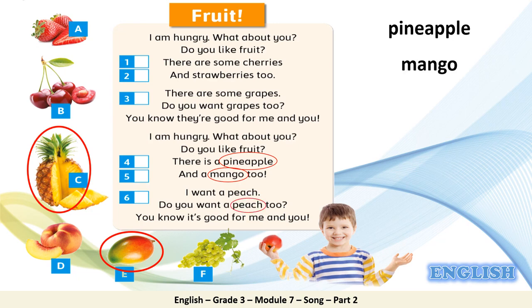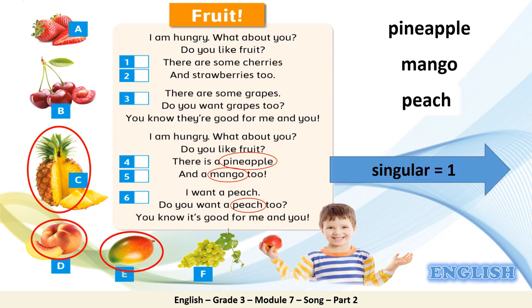What about the peach? How many peaches do you see? Excellent. There is only one. So those nouns are singular. There is only one of that thing. There is a pineapple, there is a mango, and there is a peach. Excellent. Singular means only one.